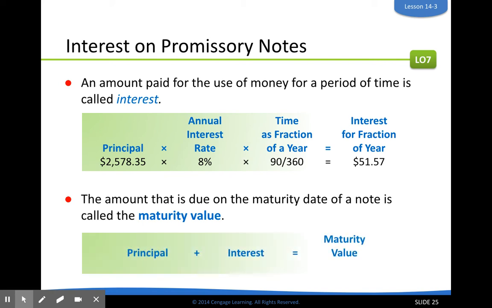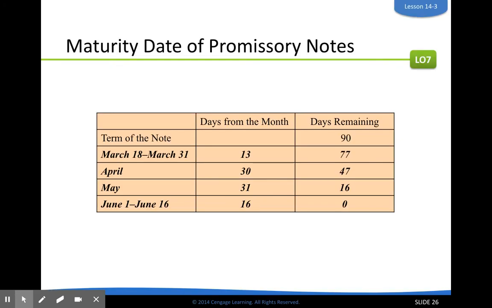So they owe us principal plus interest, which is called the maturity value. So we need to collect now $2,629.92. To calculate the due date, it's a 90-day note. So we started on March 18th.